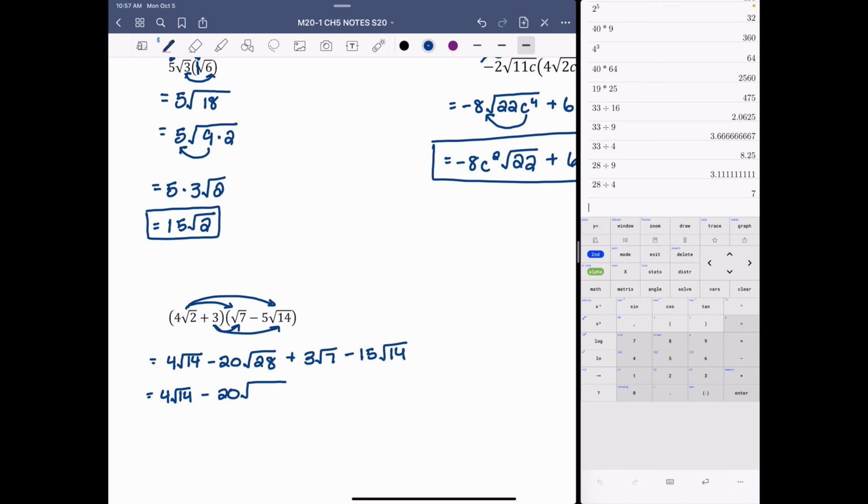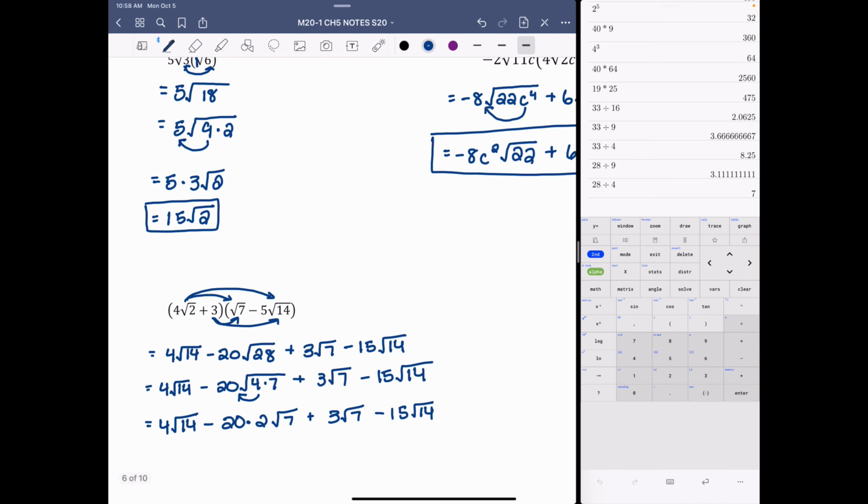So we can write this as 4 times 7 under the root, plus 3 root 7. 7 is a prime number, so it's not going to be able to be simplified, and then minus 15 square root 14, we already said can't be simplified. So we can square root the 4, and we get 4 square root 14 minus 20 times 2 square root 7 plus 3 square root 7 minus 15 square root 14.